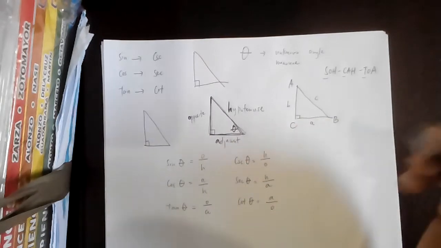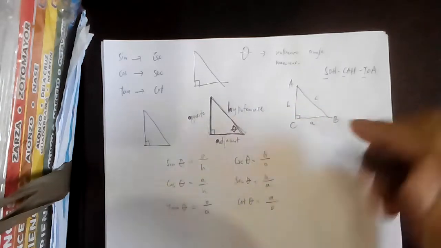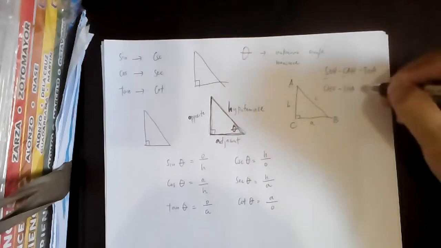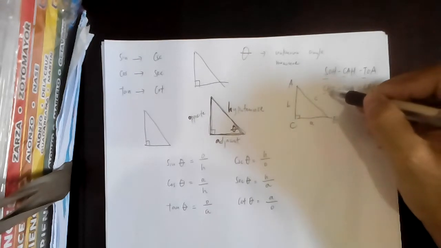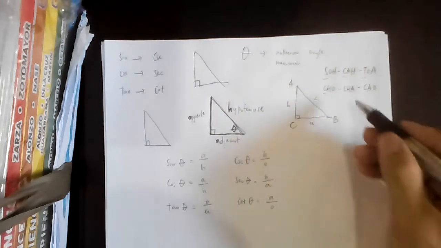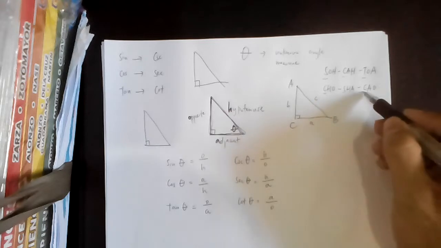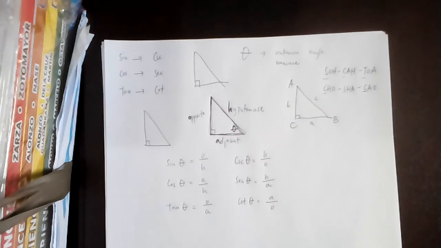Get the reciprocal, that is adjacent over opposite. Or, kung gusto nyo mabilis matandaan din, pwedeng gamitan din ng shortcut. This becomes CHO, SHA, CAO. Cosecant, hypotenuse over opposite. Secant is hypotenuse over adjacent. And cotangent, adjacent over opposite. So, yan yung ating 6 trigonometric ratios.